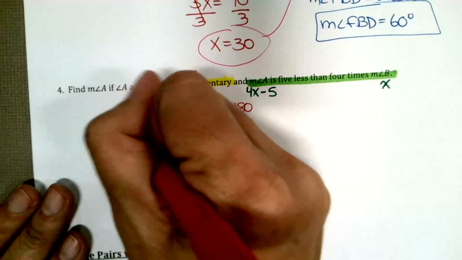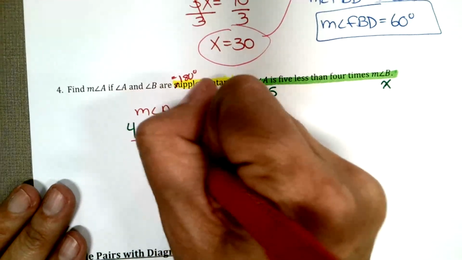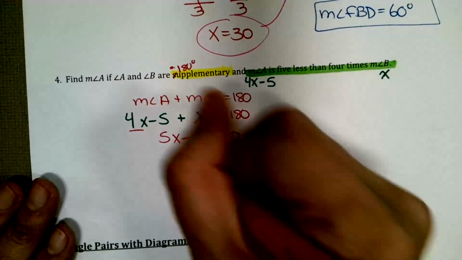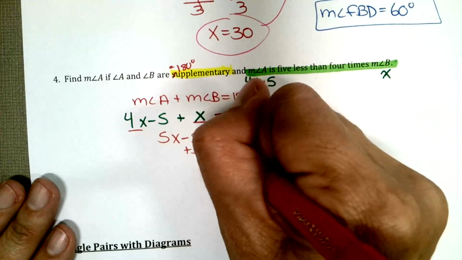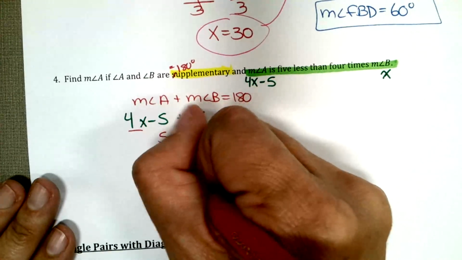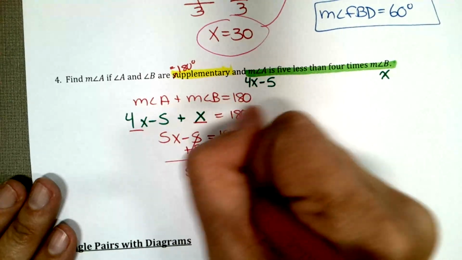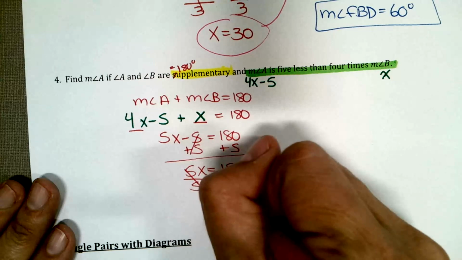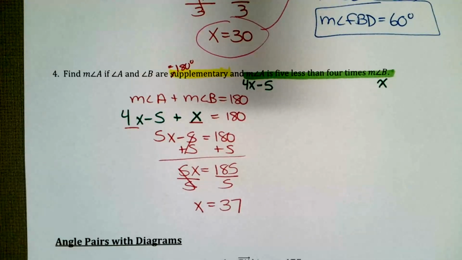And we can solve. So 5x minus 5 equals 180. We'll add 5 to both sides and divide by 5. So we should get that x is 37.